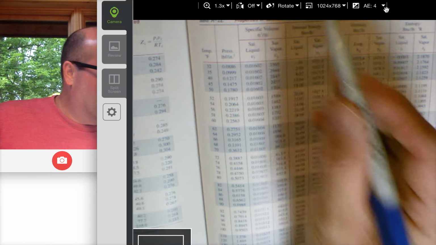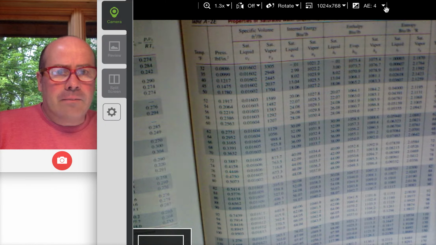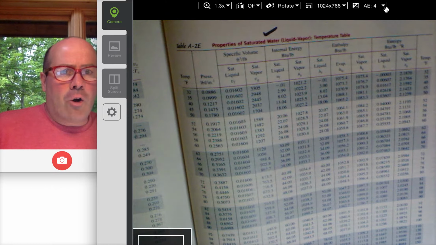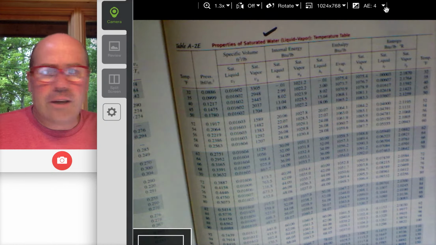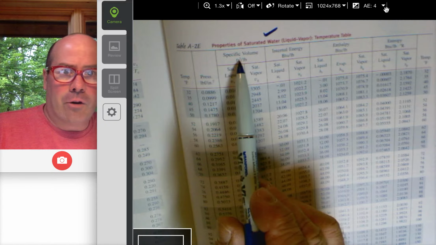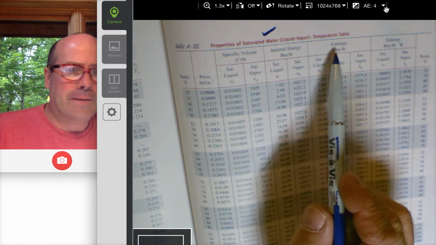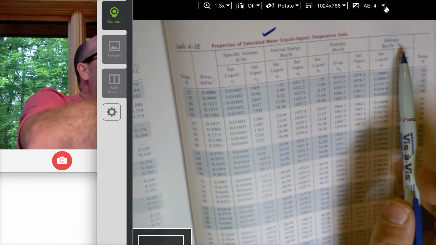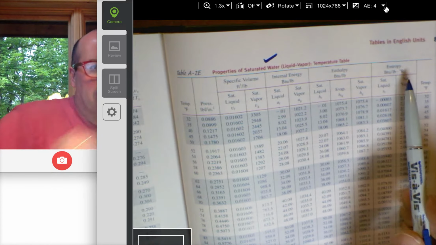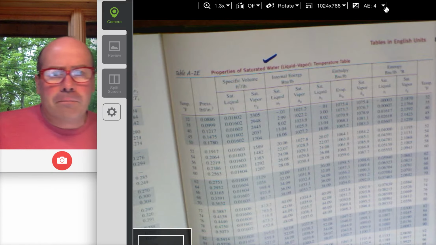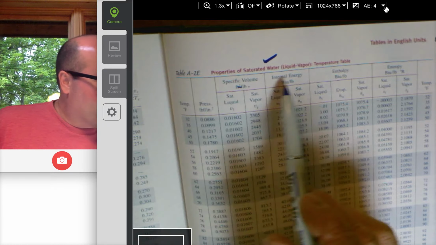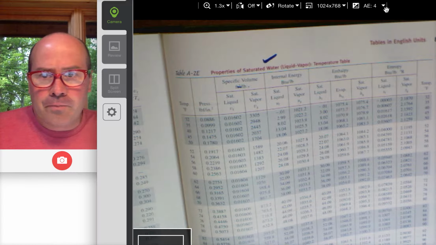We're looking at the name. The second thing is look at all the different properties that we can find here. Specific volume, internal energy, enthalpy, and entropy. So we've got 4 different kinds of properties.